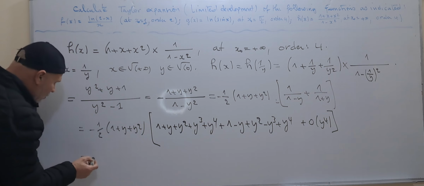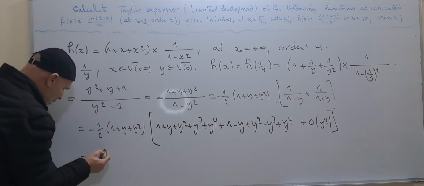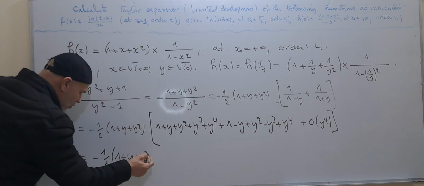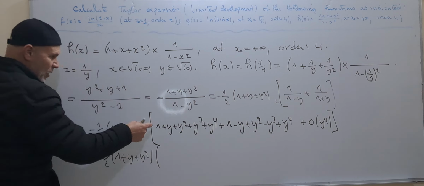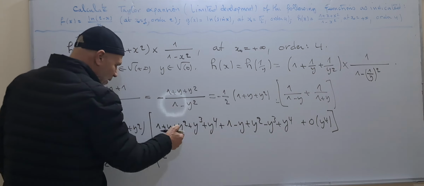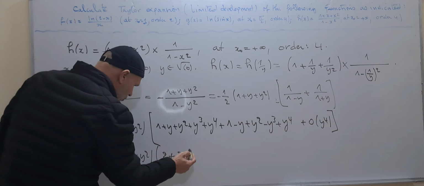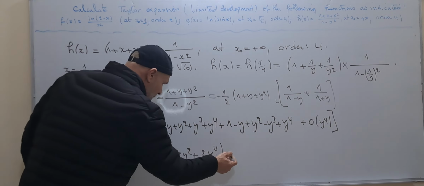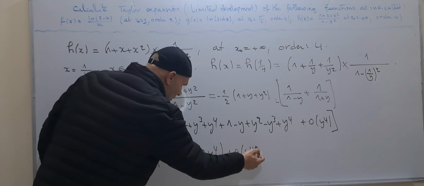It's about some few seconds. 1 over 2 plus 1 plus y squared times, here 1 and 1, this makes 2, y minus y, 0, plus 2 y squared plus 2 y power 4 plus y power 4.